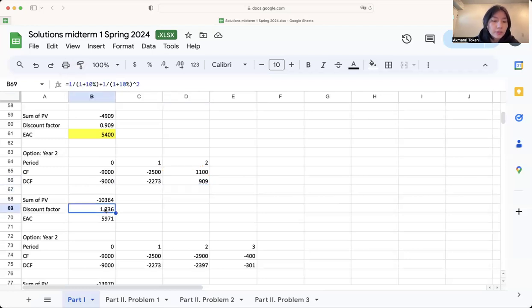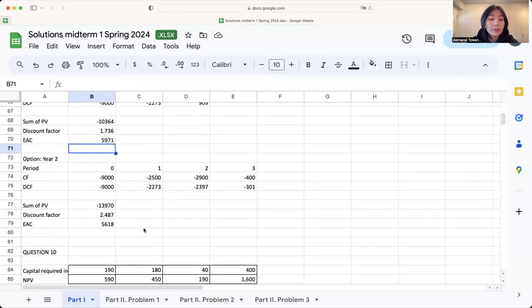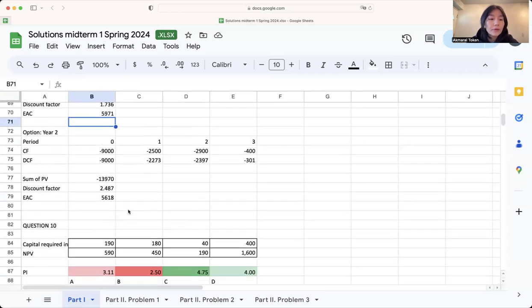So the sum of these two numbers gives us 1.7. So to find the equivalent annual cost, we divide this 10,000 cost by the 1.7 discount factor, which gives us $5,900.